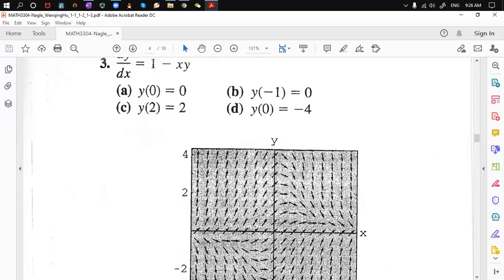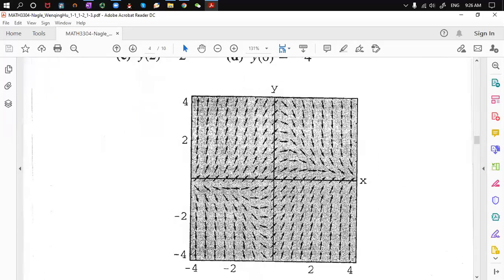So if it's 0 and minus 4, it means x is equal to 0, y is minus 4. You're going to have a solution that probably goes like this, and then in that direction, it goes like this. Right, so from the slope field, you can approximately draw the curves of your solutions to the differential equation, at least geometrically, right?